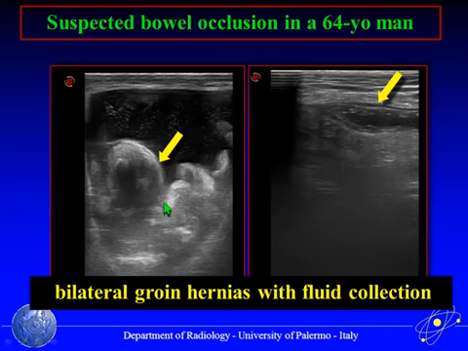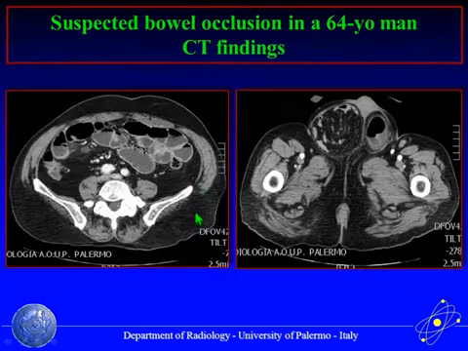Whereas looking at the groin, we have bilateral hernias with free fluid collection, and fluid within the herniated loops, thickening of the wall of the herniated loops.